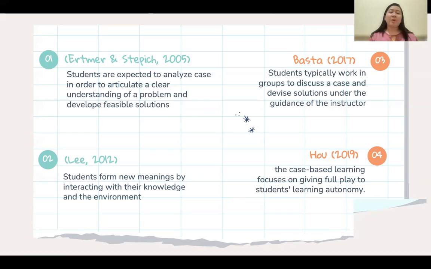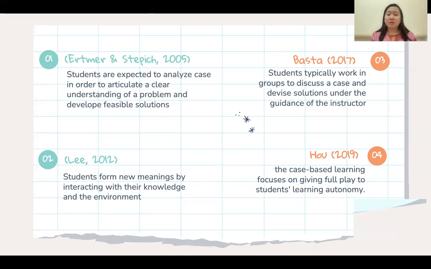Well, from those definitions, we can find out the advantages of the implementation of case-based learning. From Lombardi 2007, case-based learning provides students with authentic situations in which to explore and apply a range of behavior and information that can strengthen the transfer of learning.